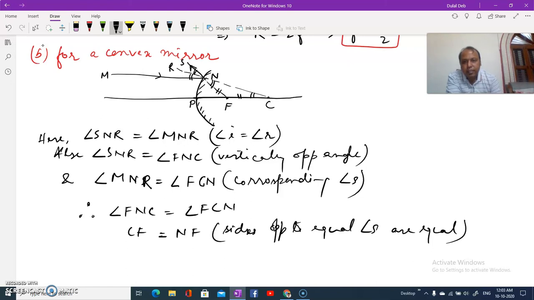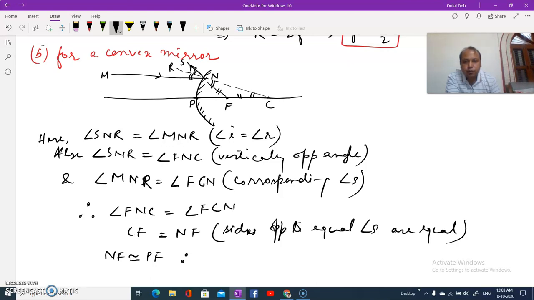So since the incident light ray is very close to the principal axis, we can write NF to be almost equal to PF.